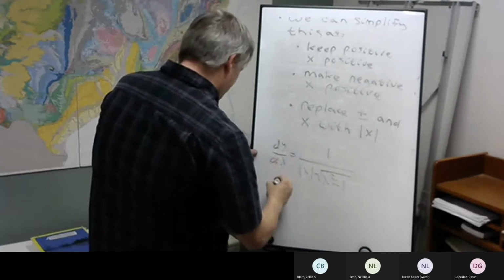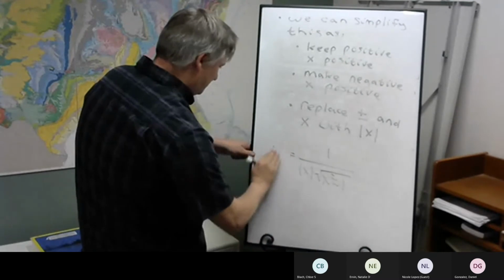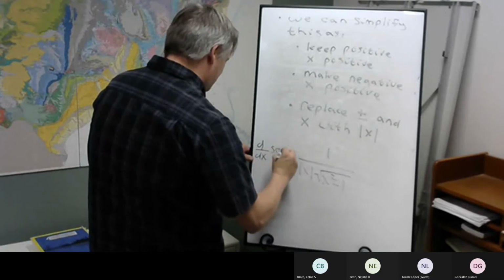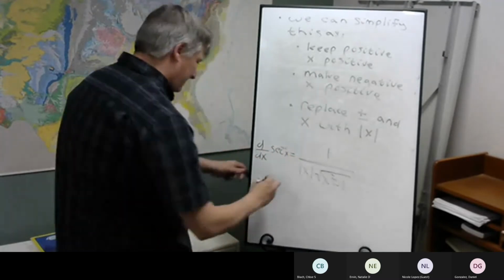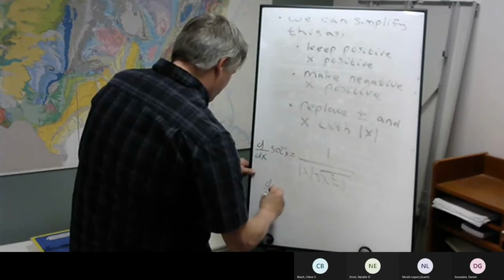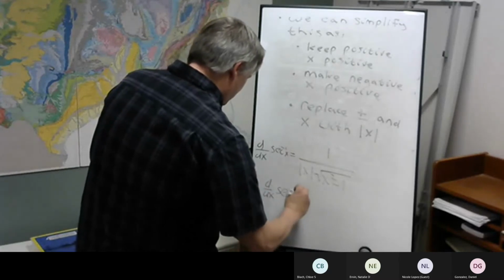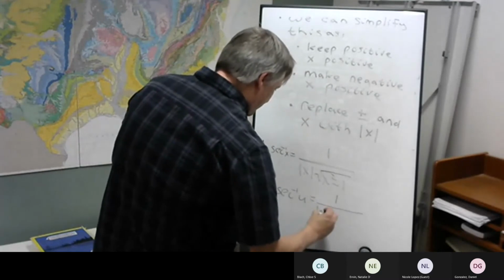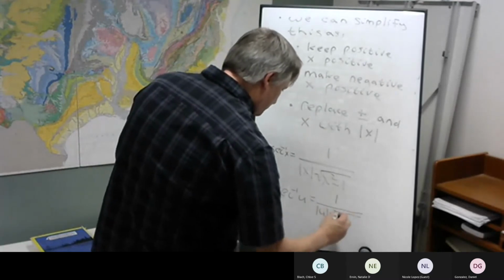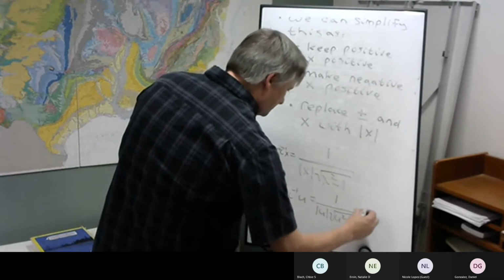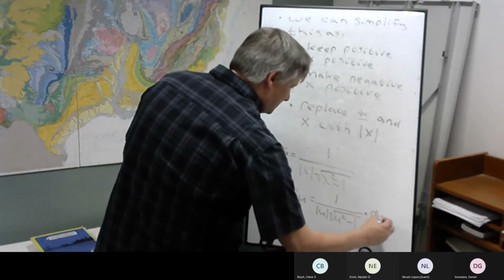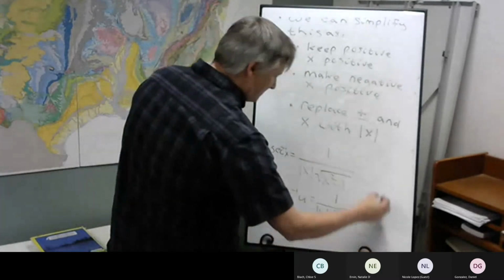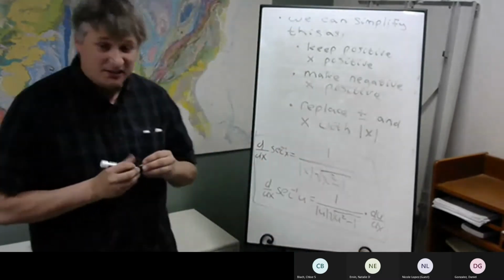Or, remember y is secant inverse, or d dx secant inverse of u will be 1 over absolute value of u square root u squared minus 1 times du dx. And that's the last of the real heavy lifting ones.